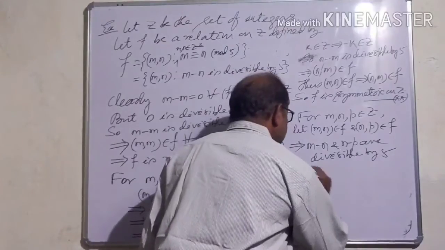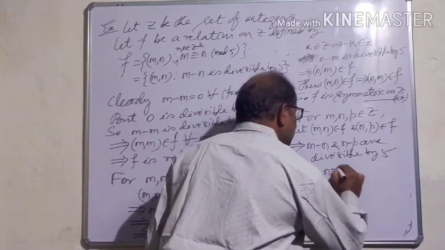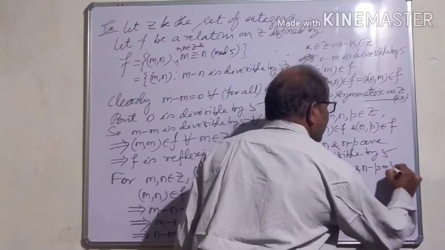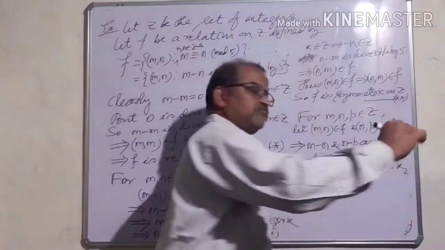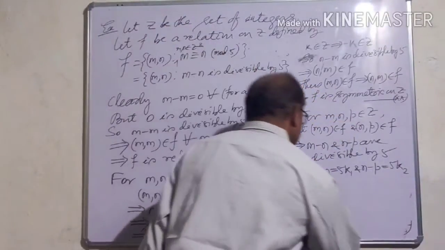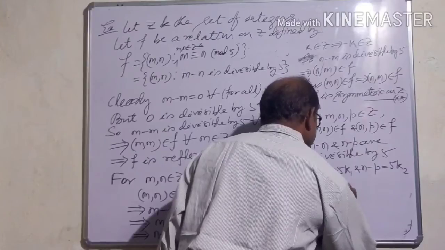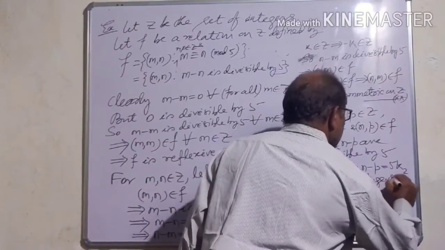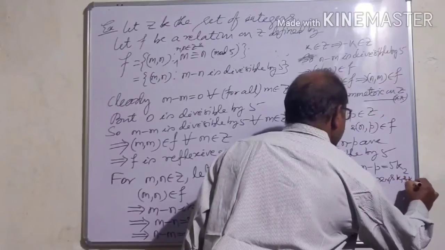This implies M minus N is equal to 5k1 suppose, and N minus P is equal to 5k2, for some integers k1 and k2.